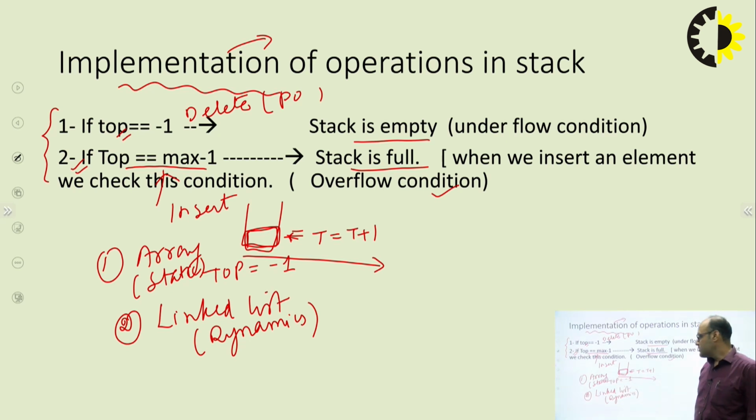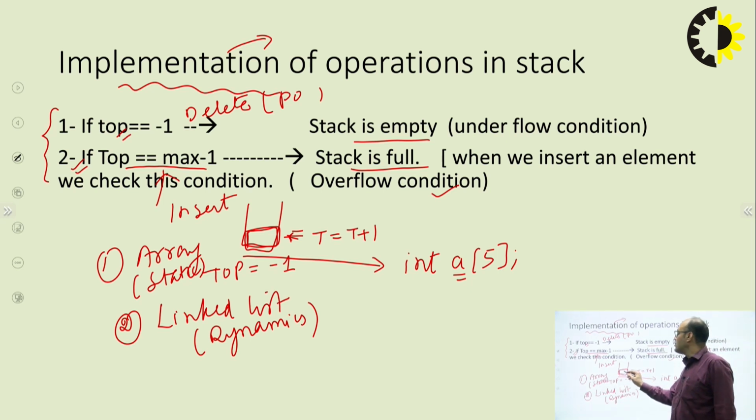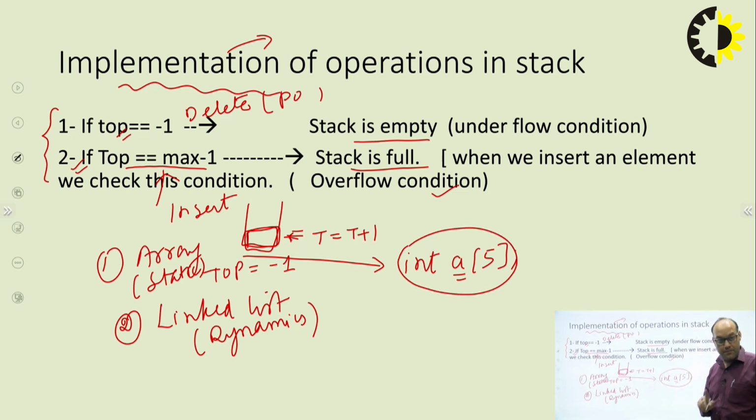Firstly, we declare a variable where I want to insert the element. I just want to insert 5 elements, so I will initialize int a[5]. So I have declared a variable a, as I want to keep the array. How is it possible? Whenever I am going to use this stack, firstly I have to declare an array, number one.